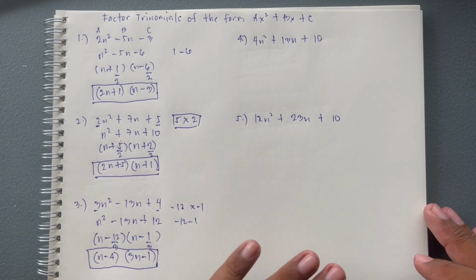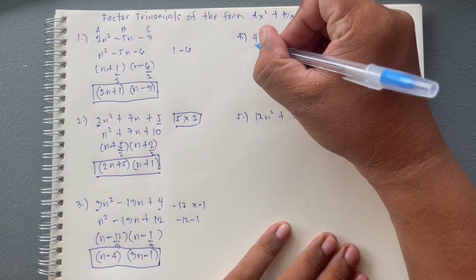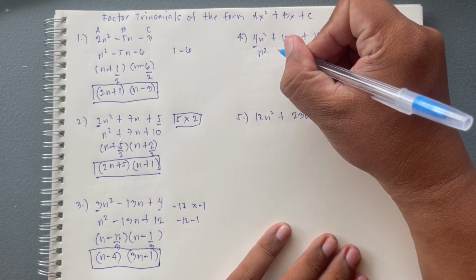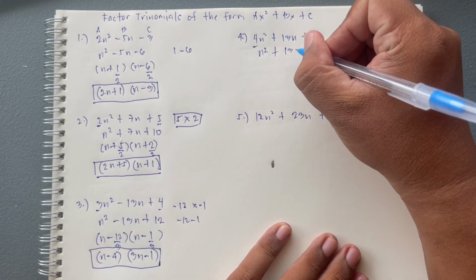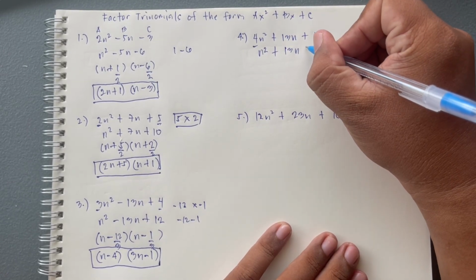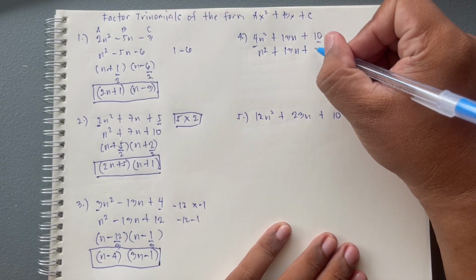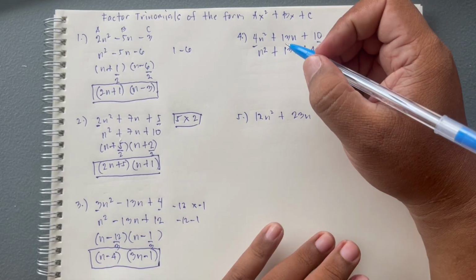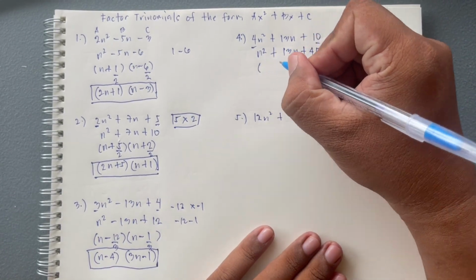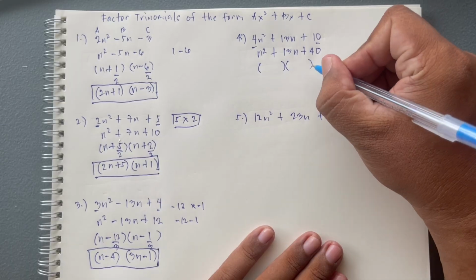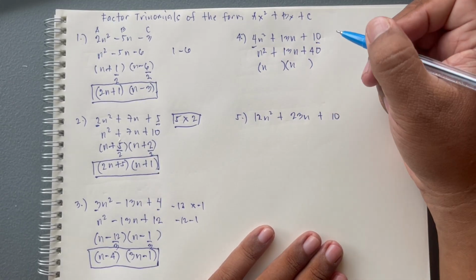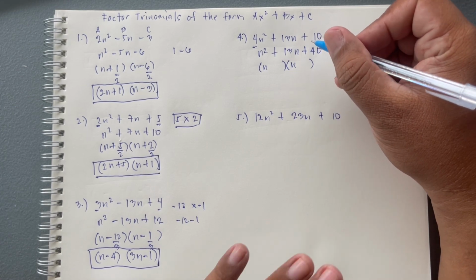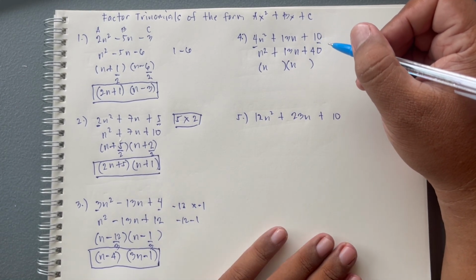Number 4. Same process, so we'll multiply the 4 and 10. So we have 4n squared plus 13n plus 10. 4 times 10 is equal to 40. Okay, then factor the n squared: n times n. Then let's find two numbers that multiply to 40 and add to 13.